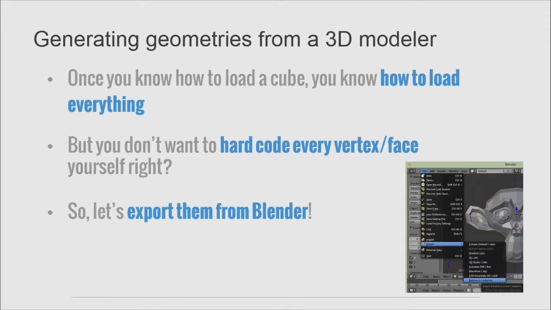So as you don't want to hardcode everything yourself, you're going to use some tools. The tools are very well known today. The first one we're going to see together is Blender, which is a free open source 3D modeler. And you probably know also about 3D Studio Max or Maya, that is not free, but very powerful. We're going to start by using Blender.